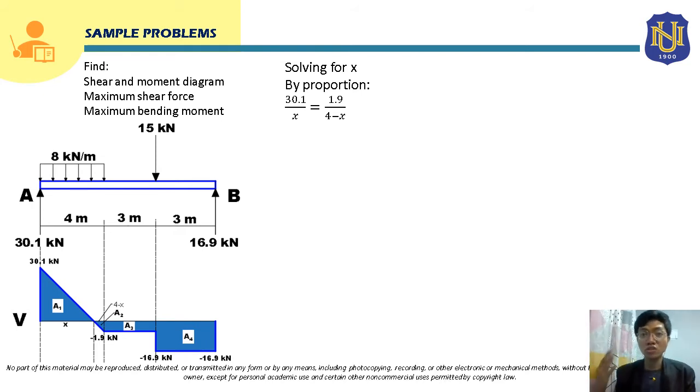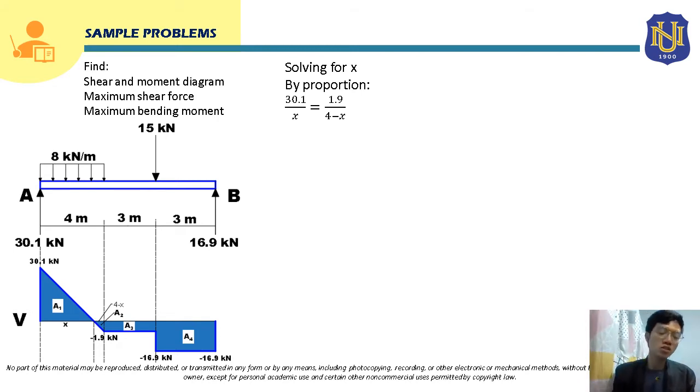If you are going to use shift solve in your calculator, it's much better if you interchange the numerator and the denominator. So this will become x over 30.1 is equal to 4 minus x over 1.9.